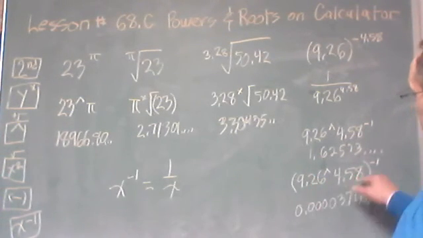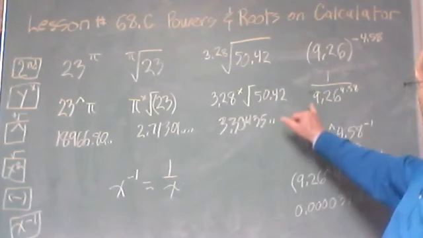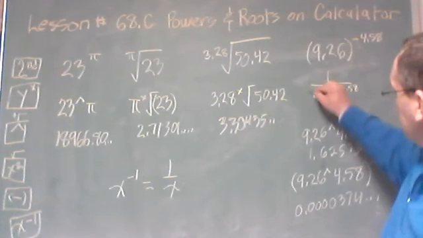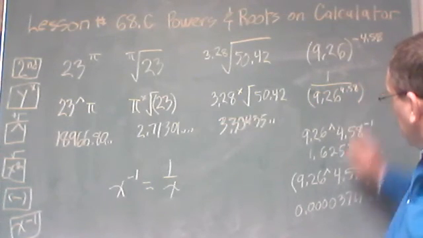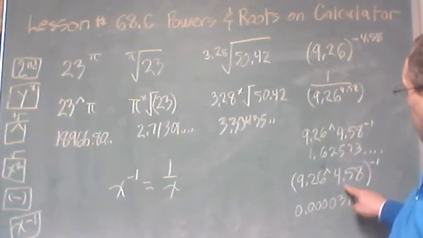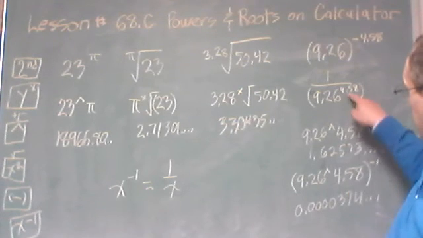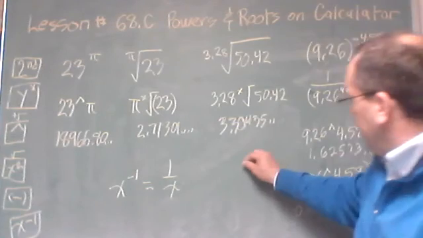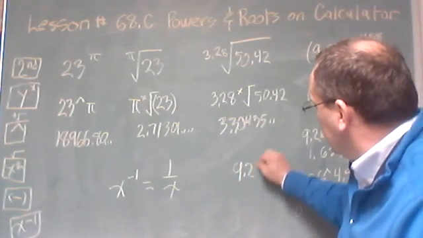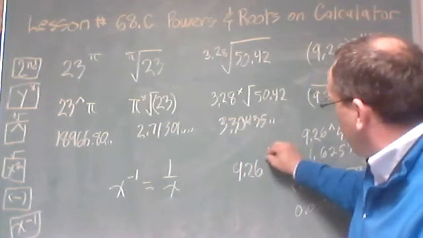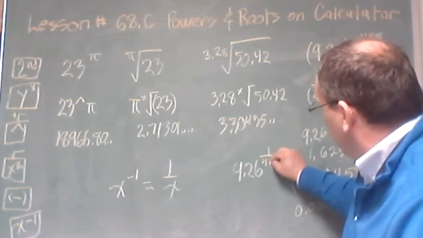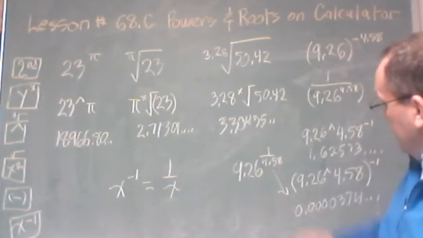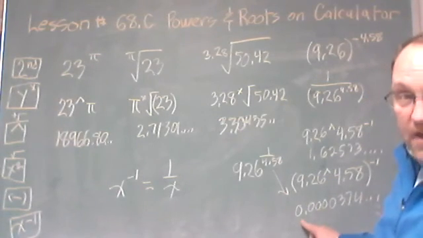I want to take the reciprocal of this whole expression, okay? I wanted the reciprocal of this expression, not just the reciprocal of the power. So what I did here is it was effectively saying 9.26 to the 1 over 4.58 power. Okay, that did not equal that number there.